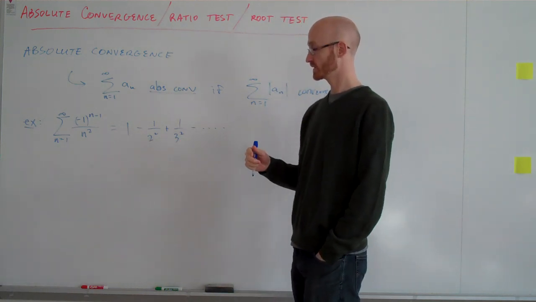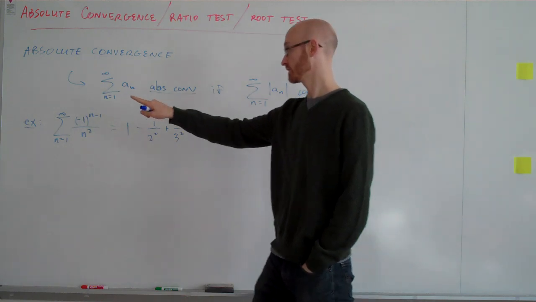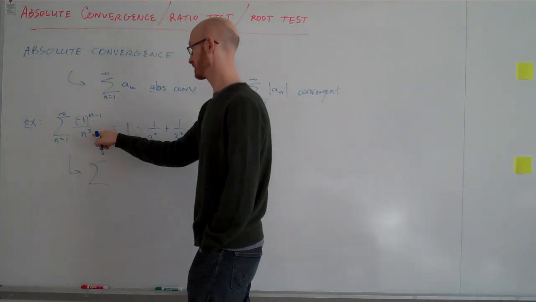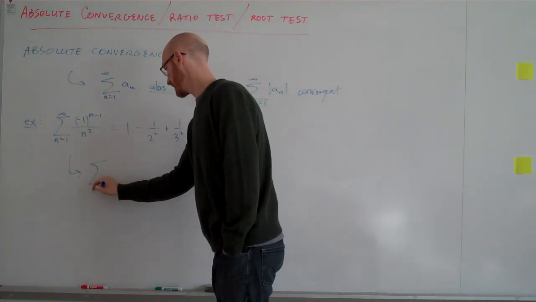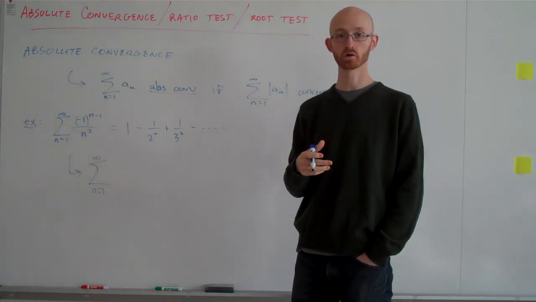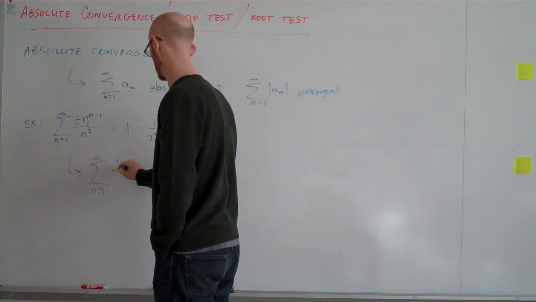That's the original series we're dealing with. To test for absolute convergence, we take the absolute value of that term. Negative 1 to the n minus 1, regardless, is going to become 1. And then you're left with 1 over n squared.